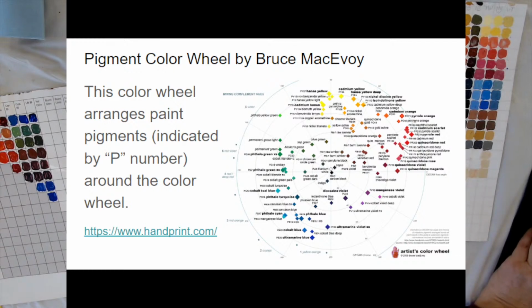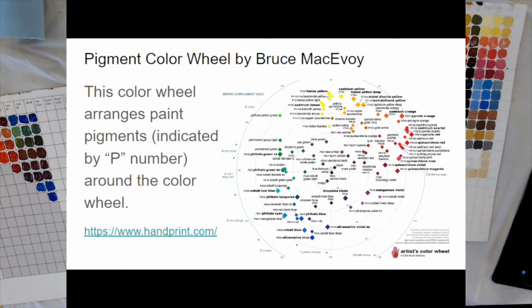So here we have a loose representation of a wheel. And as you can see, all the different paint pigments that you would find in a paint tube or a pan or a pencil or whatever are arranged almost chaotically throughout this color row. You don't see anything that's purely this or purely that.